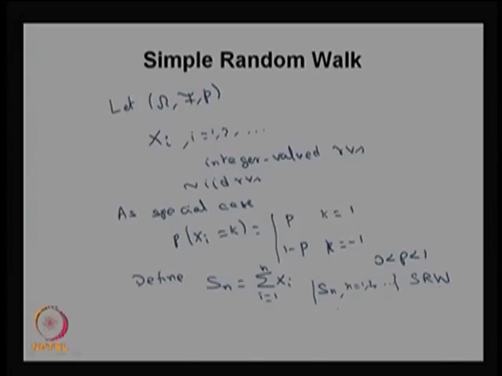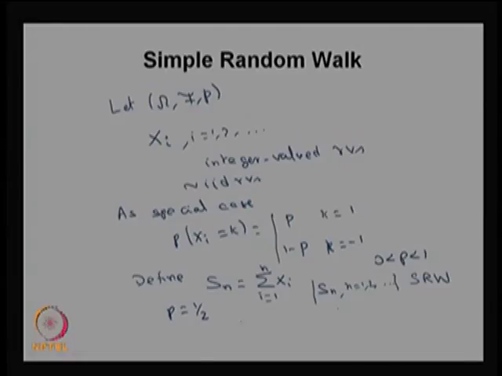Therefore, this is called a simple random walk. In general, k can take any integers. Accordingly, you will end up having Sn as a random walk. I am going to give another special case, when p is equal to 1/2. That means each Xi random variable takes the value 1 with probability 1/2 or minus 1 with probability 1/2.